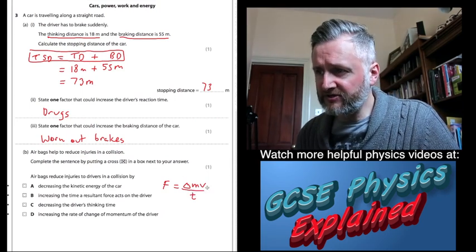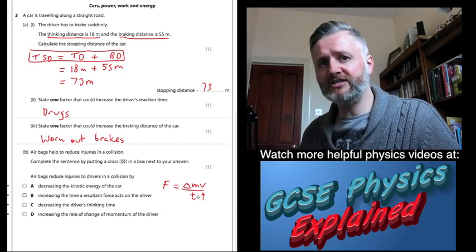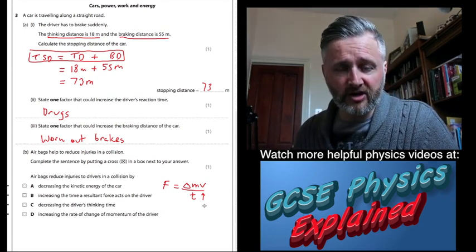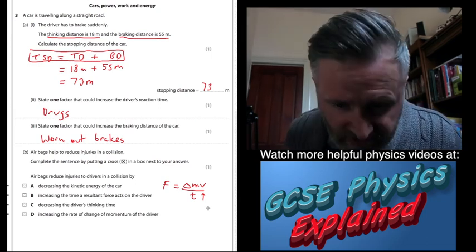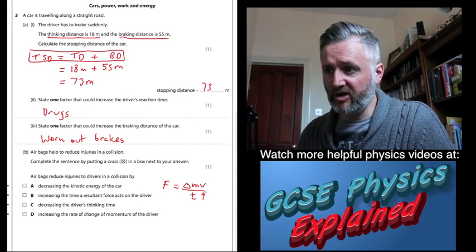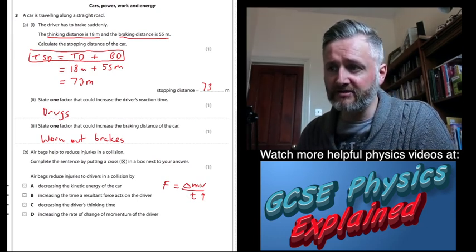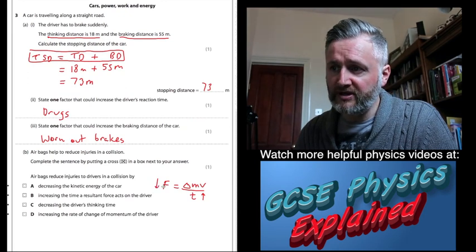So what an airbag does is it increases the amount of time taken for your head to stop. So instead of just hitting a hard steering wheel and instantly stopping, you'll hit the airbag, and then your head will come to a slower stop. So that'll increase the amount of time for the change of momentum to happen. And then mathematically, if this number on the bottom gets bigger, it makes this number on the top get smaller.